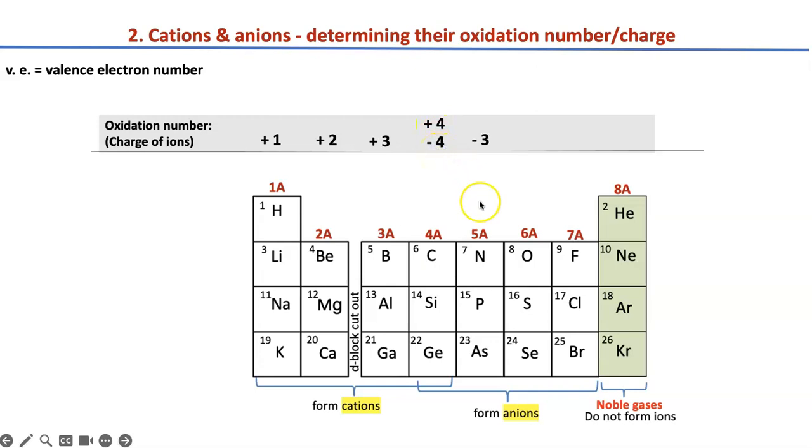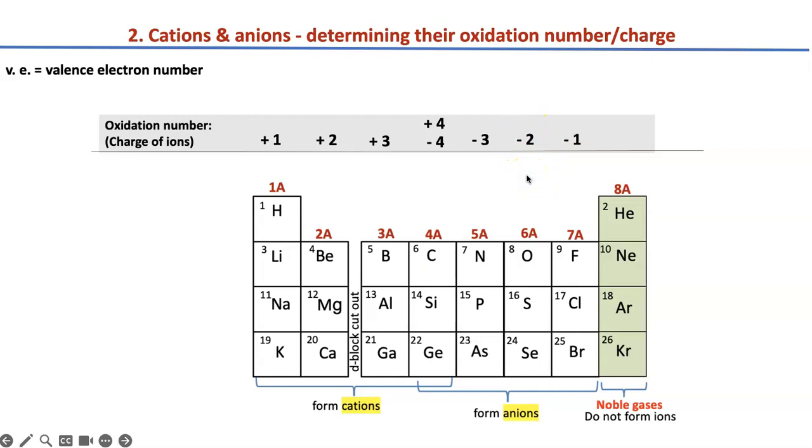And then these guys make -3, because how many do you need to become 8? You need 8 minus 5, which is 3. When you gain 3 electrons, you get a -3 charge. And if you already have 6 electrons, you gain 2 electrons and become a -2 charge.